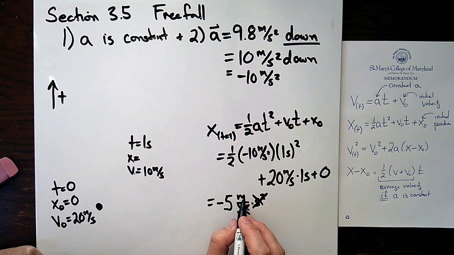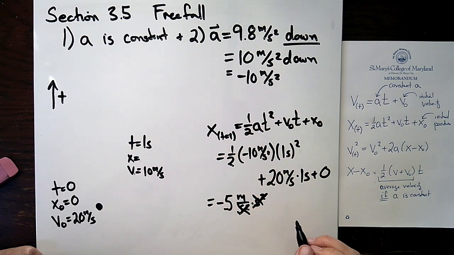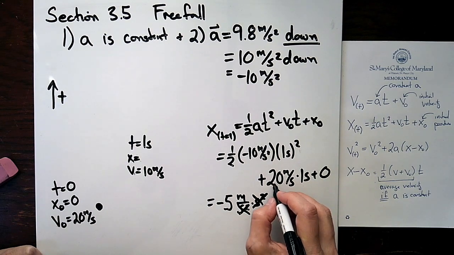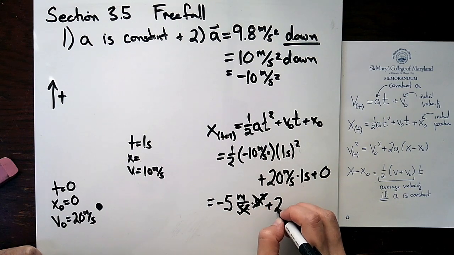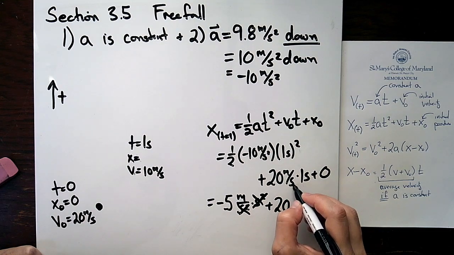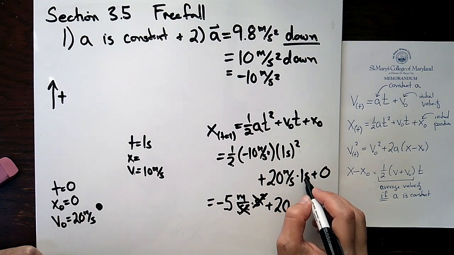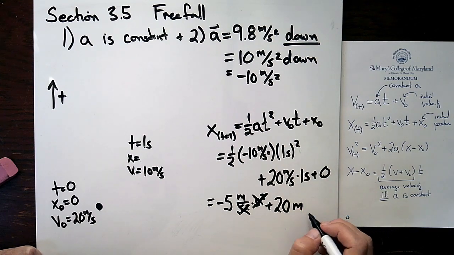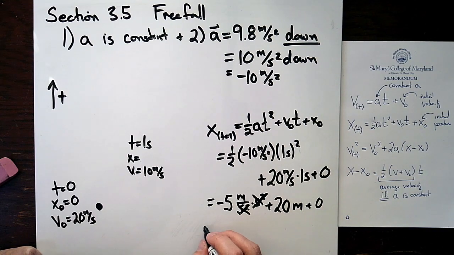We're left with meters, which is good because we're looking for a position. So that's the first term. Next term, 20 times 1. That's 20. Meters over seconds times seconds, the seconds cancel. We're left with meters. Again, great. Plus 0. We can do that.